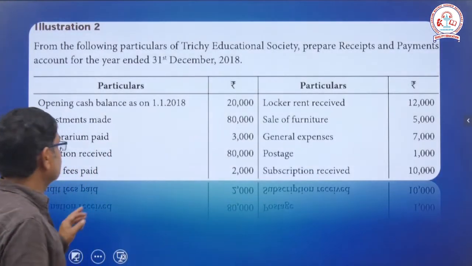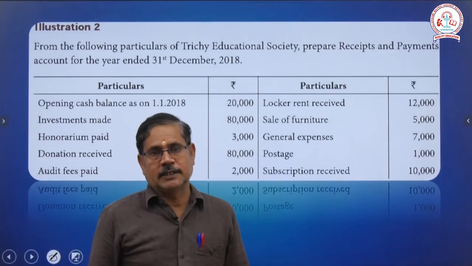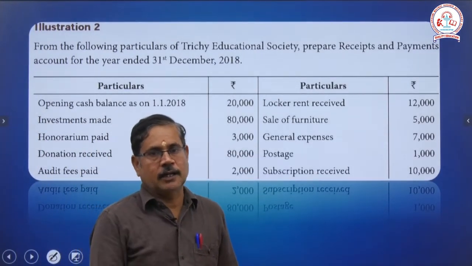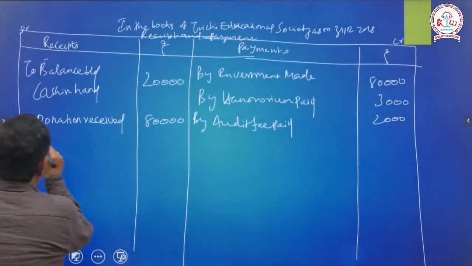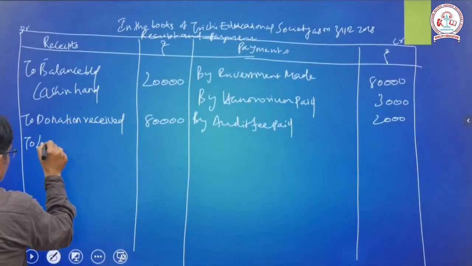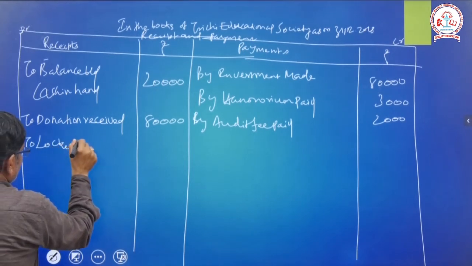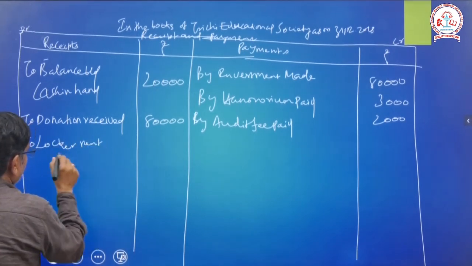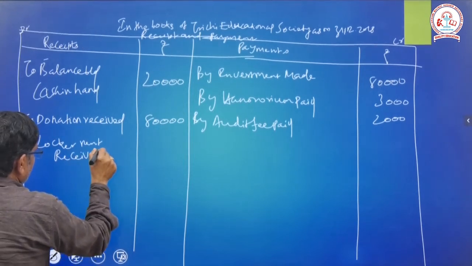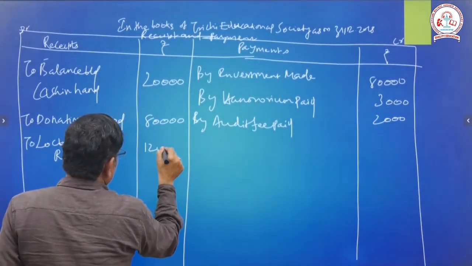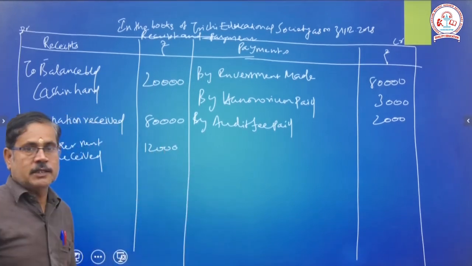Then next we will move on. Locker rent received. So we are receiving money. Locker rent received will go to the receipt side, rupees 12,000. To locker rent received 12,000. Okay, we have received money.